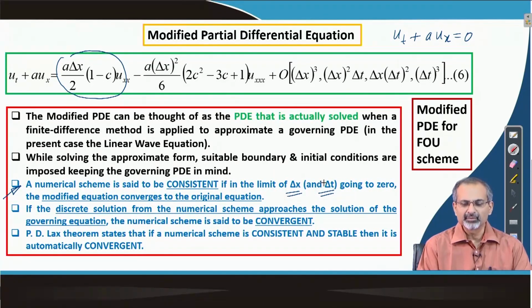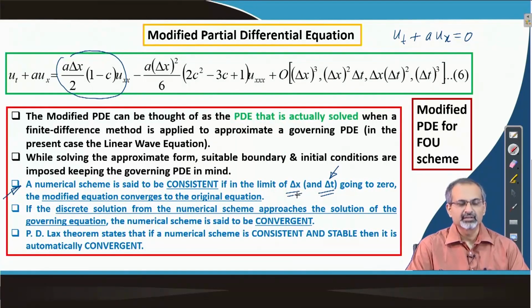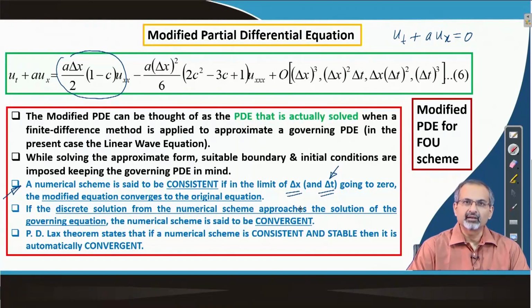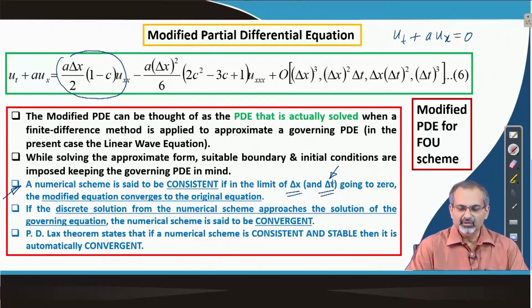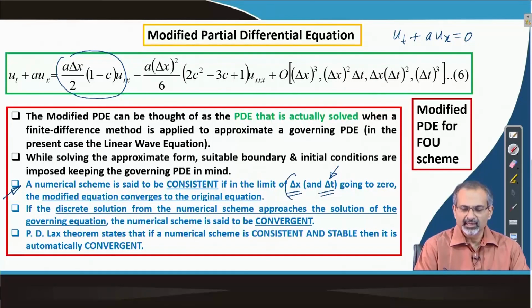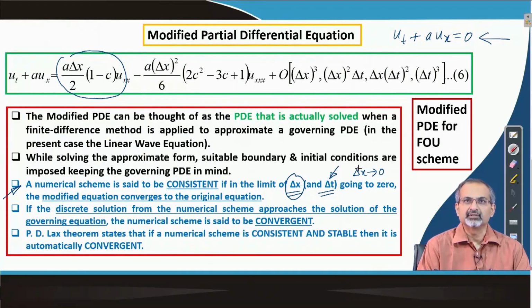Incidentally, you are not able to see terms which contain delta t because we have converted all the temporal derivatives to spatial derivatives, or even the mixed derivatives where some part of it was a temporal derivative has also been converted entirely into a spatial derivative. So, you are finding terms with only delta x or delta x raised to certain powers, and as you limit delta x to 0, then obviously you are able to retrieve the original partial differential equation.